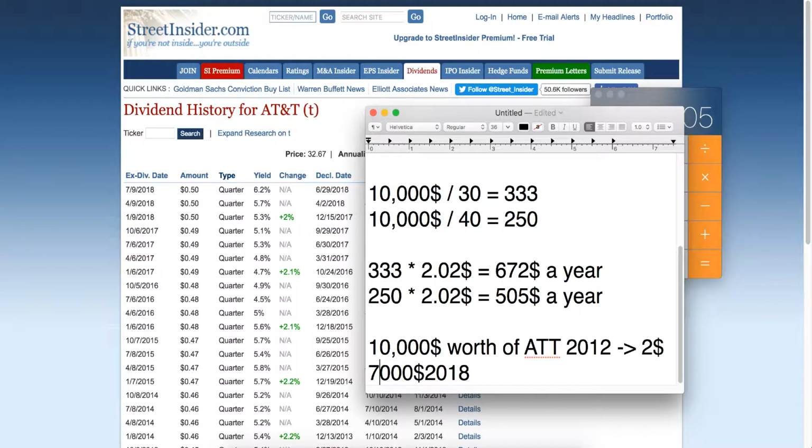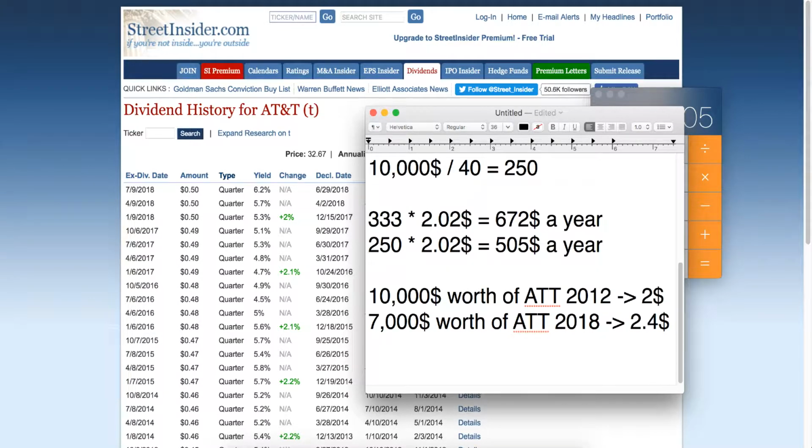So let's say that there was a 30% drop. So now you have $7,000 worth of AT&T, but AT&T has been increasing dividends. In 2018 they actually paid $2.4 per year. Even though the value of your stock has dropped, you're actually making more income, right?